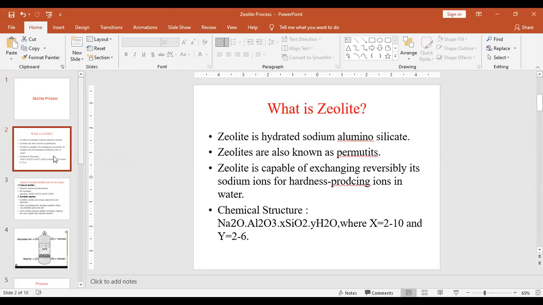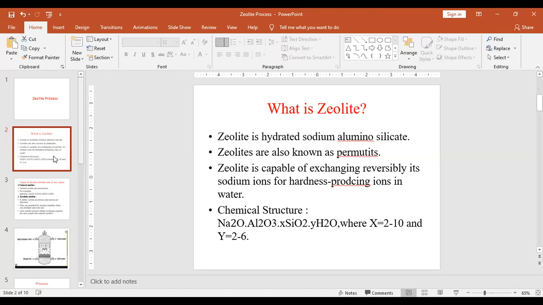Zeolite process. So what is this zeolite? Basically, you should understand what zeolite is, and then we will understand the zeolite process. Okay, zeolite is a hydrated sodium aluminosilicate. It is also known as permutit, or it is also one type of sand, a special type of sand, we can say.